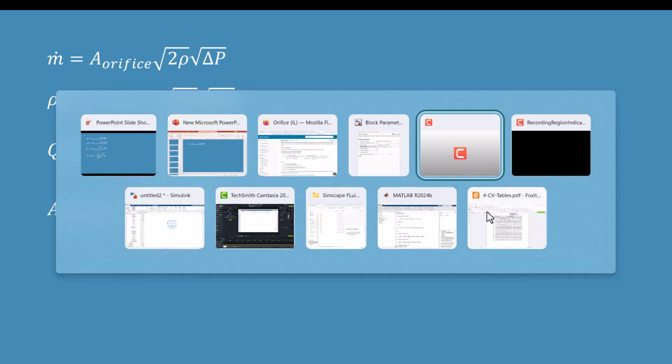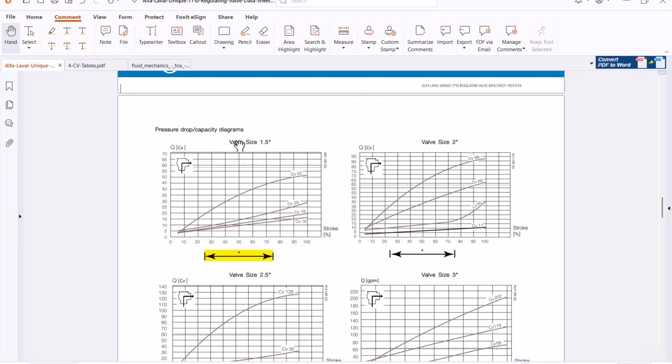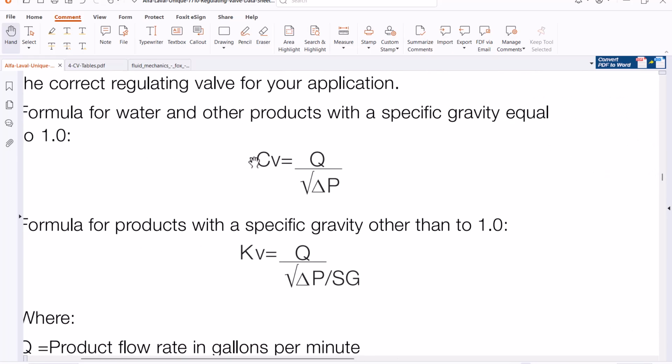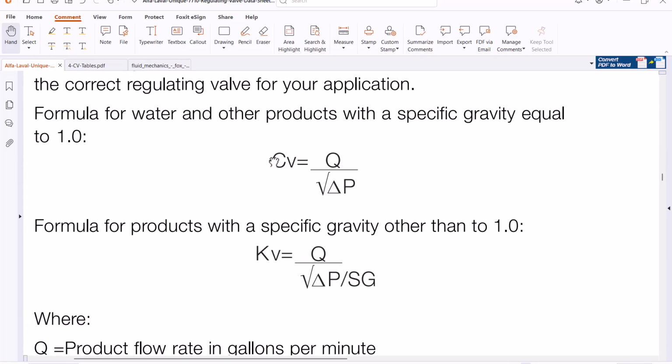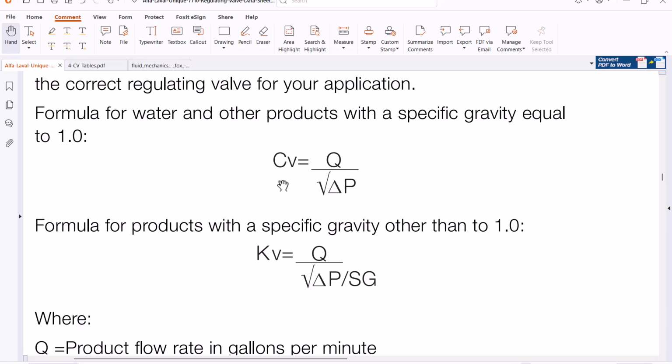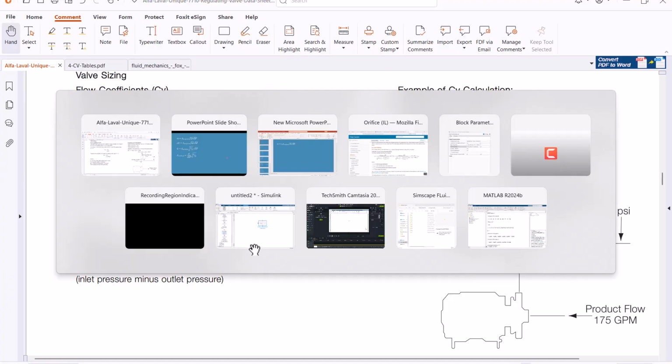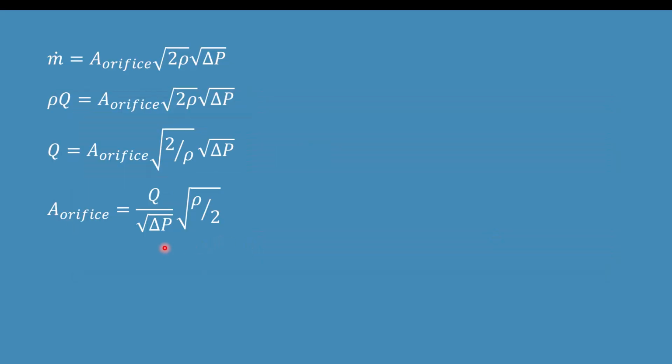If you remember this formula, now this term has appeared in the area formula.